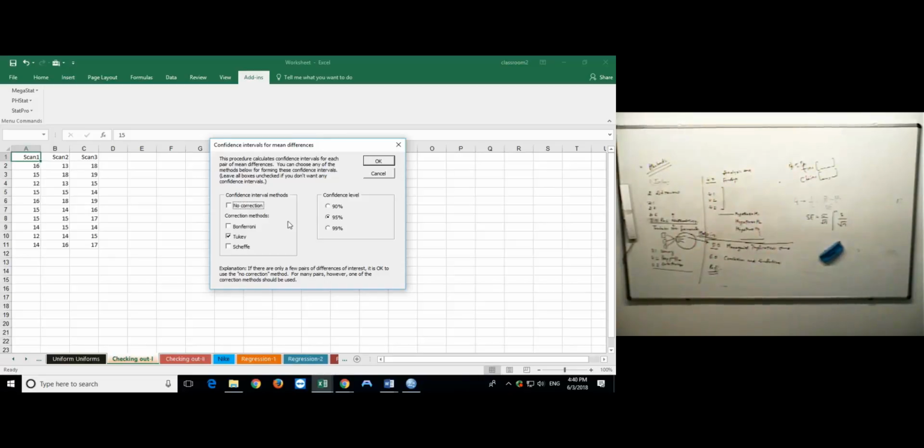Repeat it. If null is true, all three samples are identical, no challenge. Is it okay? But if alternative is there that they are not identical, then obviously you will like to understand which is not identical. Makes sense? That will help by doing a Tukey test. Fine?